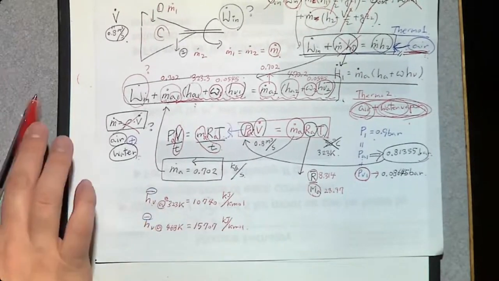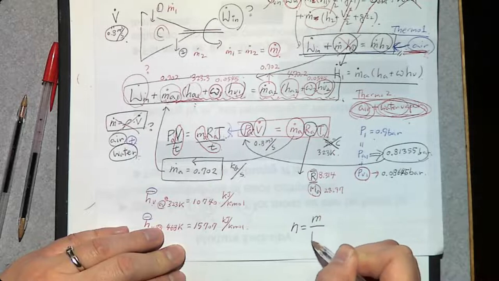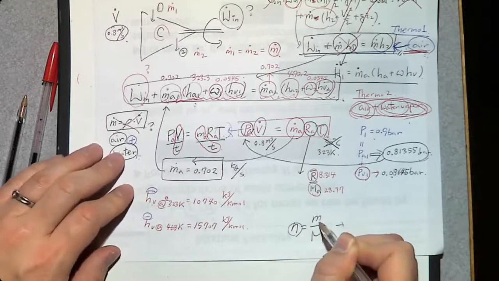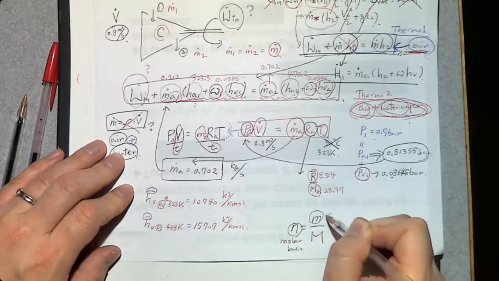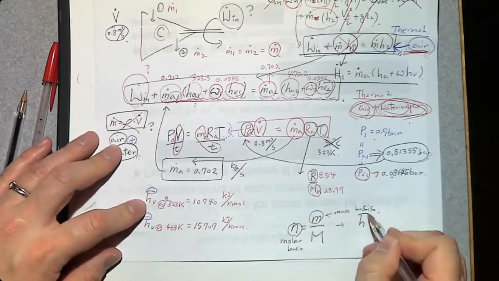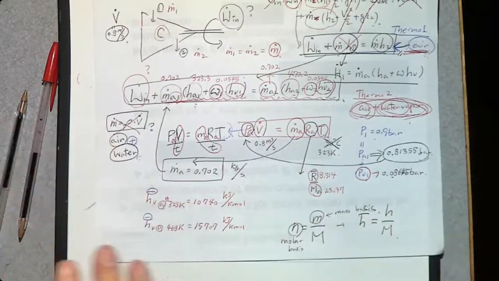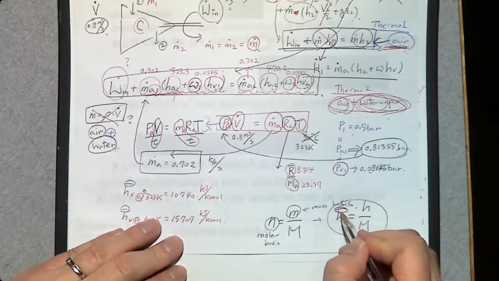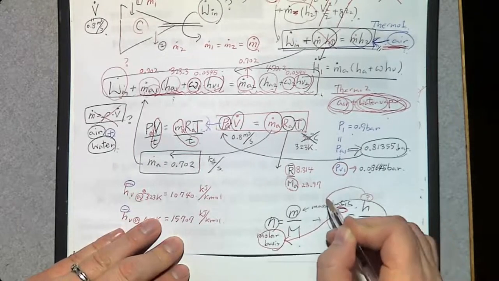Always use the same equation. n is m over M. So H bar is going to be H over molecular weight. So that's how you convert. Again, when you see this bar on top of it, it means that it is on a molar basis. If there's no bar, that means on a mass basis.